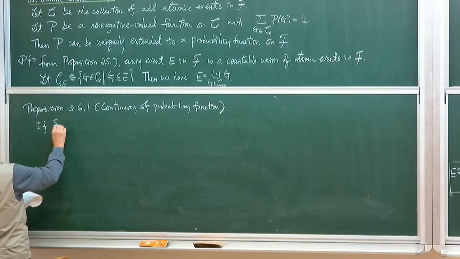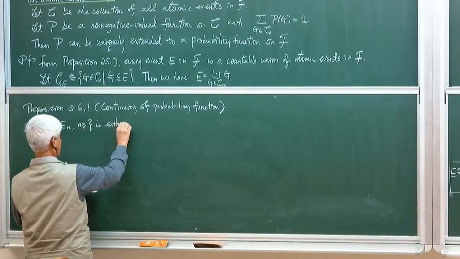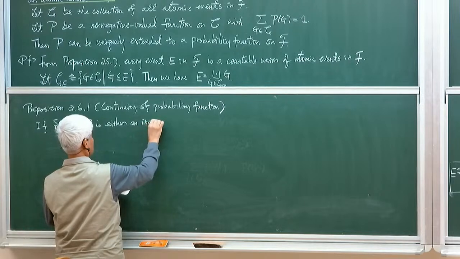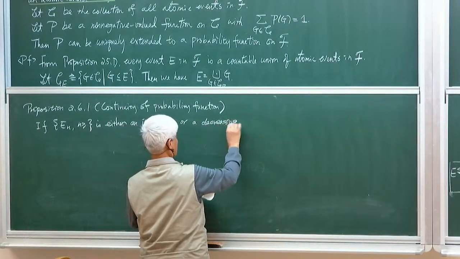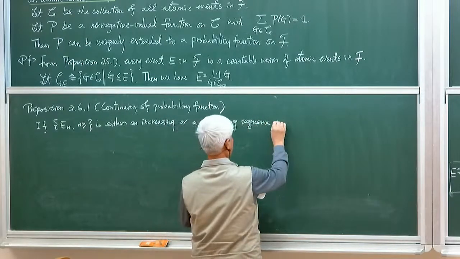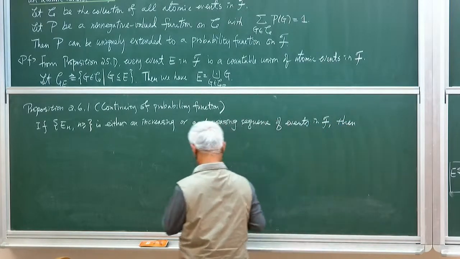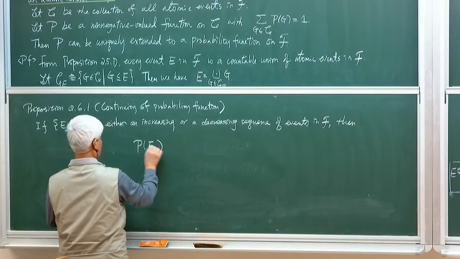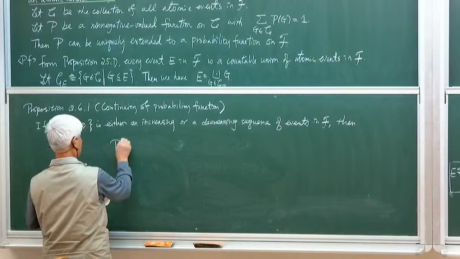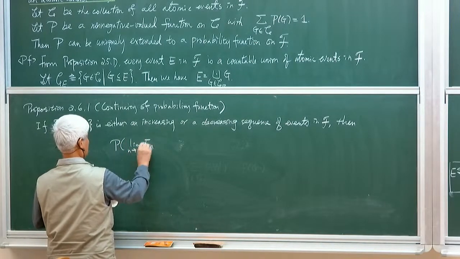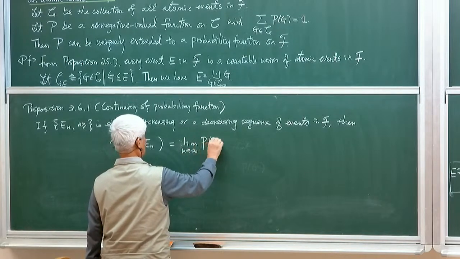If a sequence of events in F is either an increasing or a decreasing sequence of events, then the probability of the limit of En is equal to the limit of the probability of En.